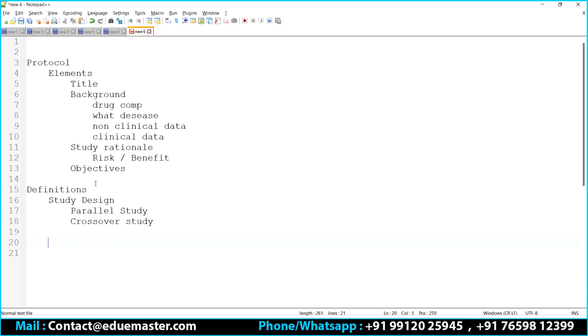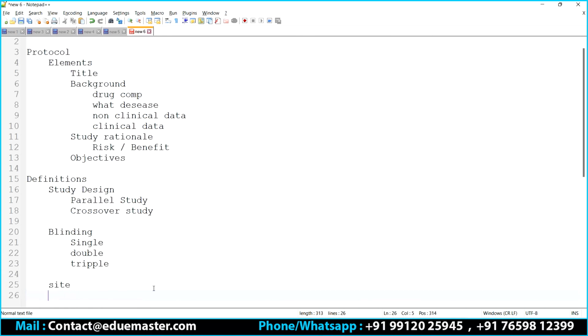Once we complete this, we will go with the blinding. Blinding is nothing but masking. There are 3 types of blinding: single blinding, double blinding, triple blinding. All 3 we are going to discuss with simple examples. And then we need to understand what is called a sign.